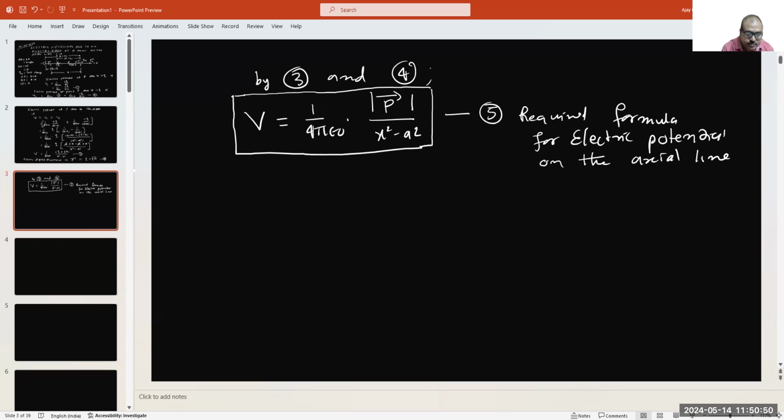Now, if special cases arise in this very discussion, what will you do? For a very short dipole.